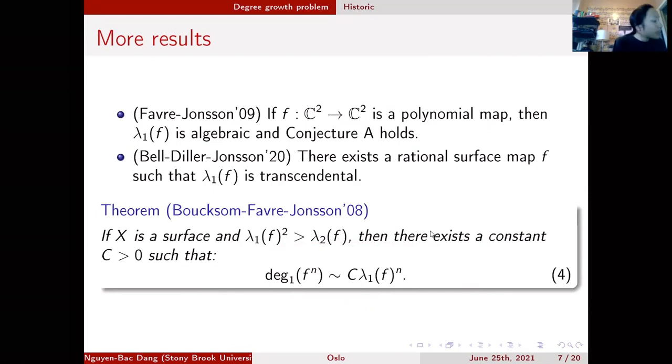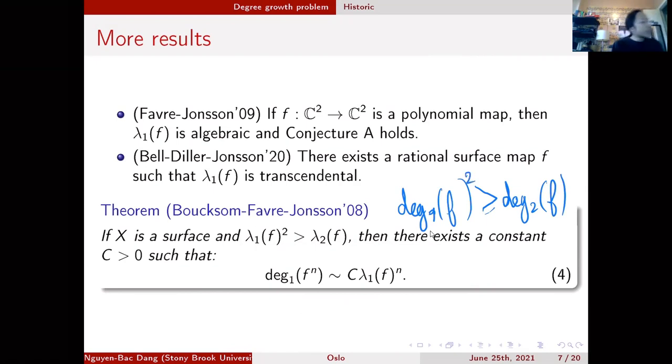In fact, this condition comes from the log concavity of the intersection numbers. So the log concavity tells you that basically the degree of f squared is bigger or equal than the second degree. Sorry, my bad.